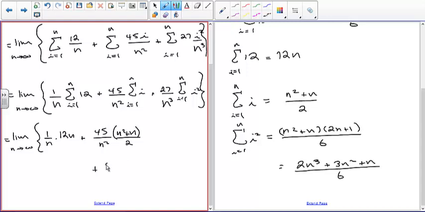And then the final one is 27 over n cubed times 2n cubed plus 3n squared plus n, all divided by 6.